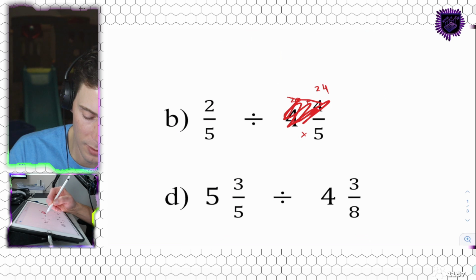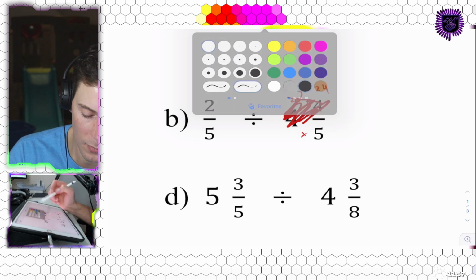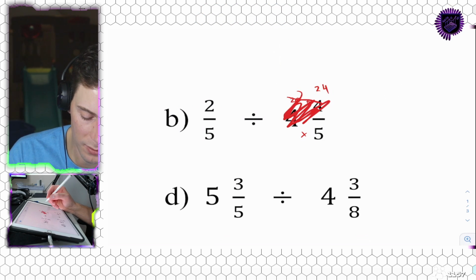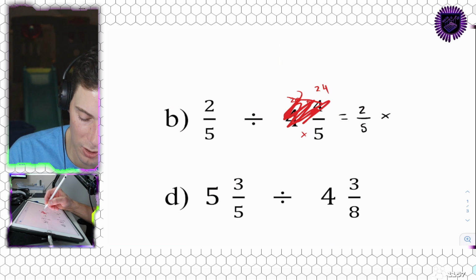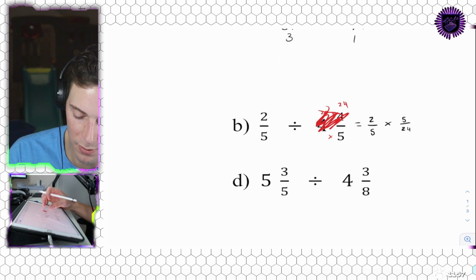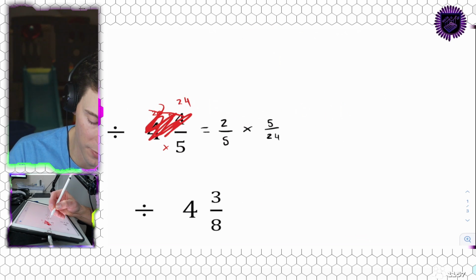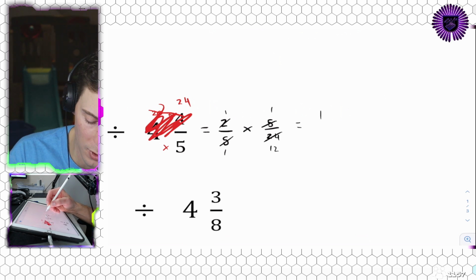We don't need these anymore. 24 is, now let's rewrite it as our reciprocal. 2/5, keep, change to multiplication, flip to 5/24. Okay, so right off the bat, I see 5 and 5 can be reduced, and 2 and 24 can be reduced. The answer is going to be 1/12.